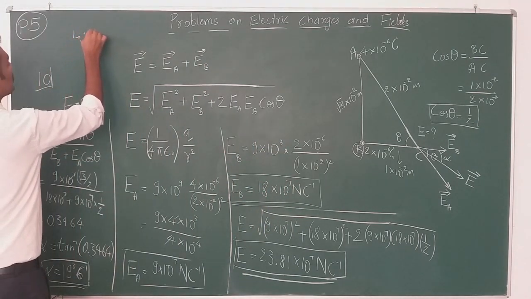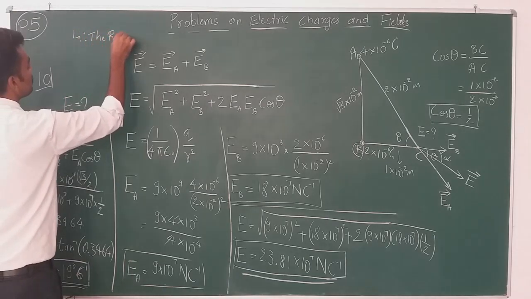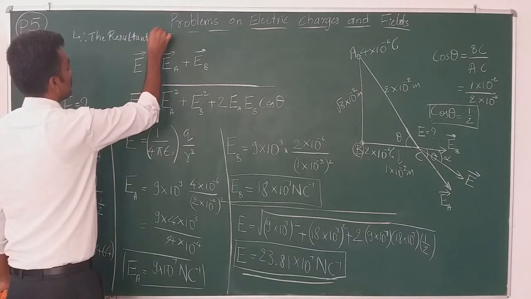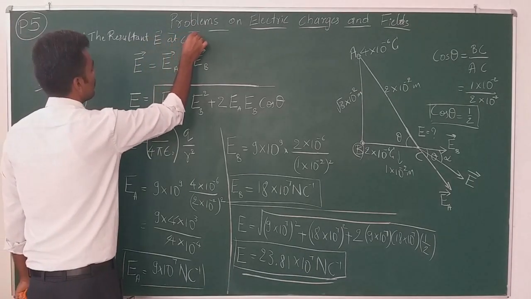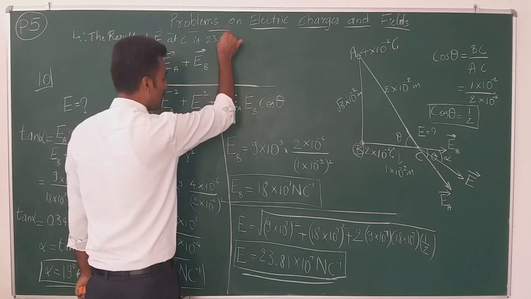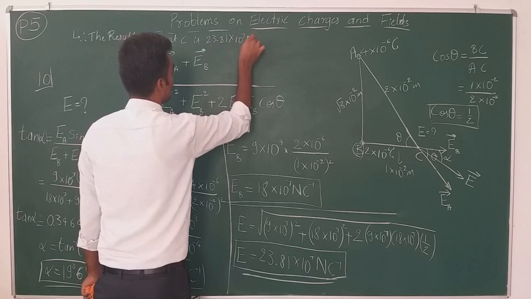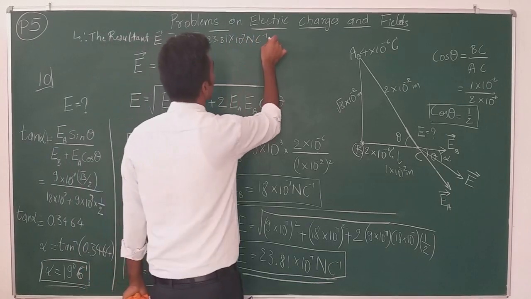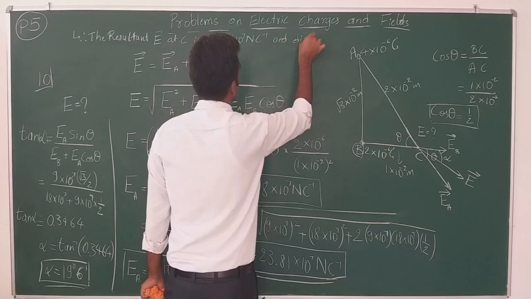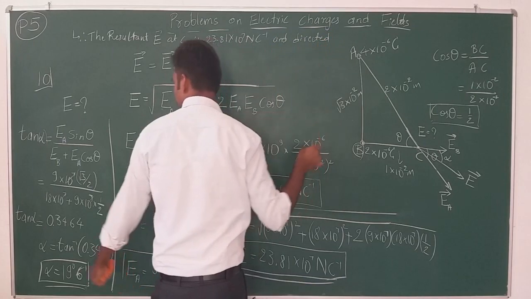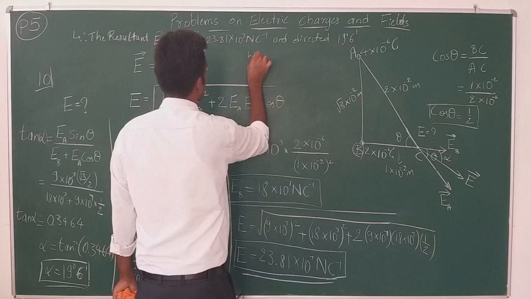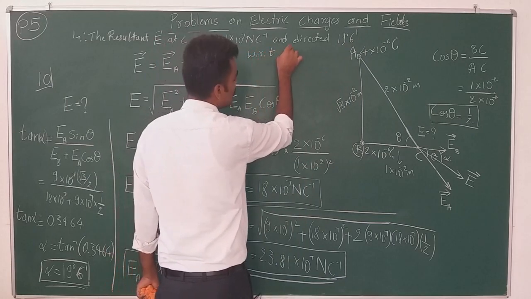Therefore, the resultant electric field at C is 23.81 into 10 to the power of 7 Newton per Coulomb and directed 19 degree 6 minutes with respect to EB.